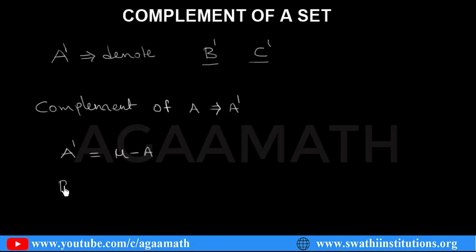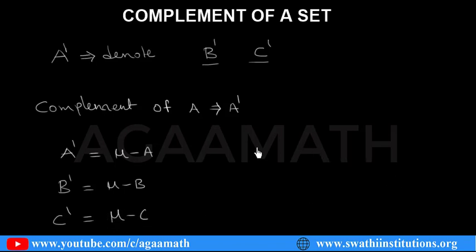Complement of B is nothing but mu minus B, which means only in mu but not in B. Mu minus A means only in mu but not in A. Mu is the universal set. If they ask to find the complement of set C, it is mu minus C, which means only in the universal set but not in C.